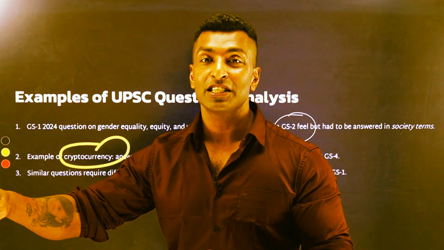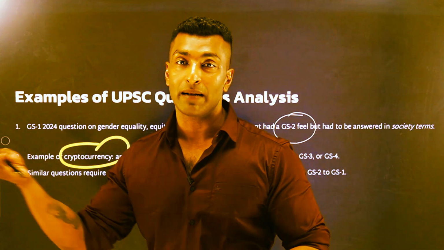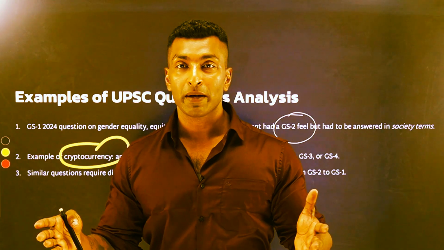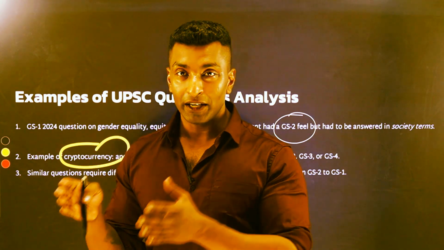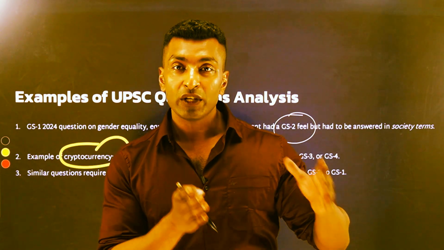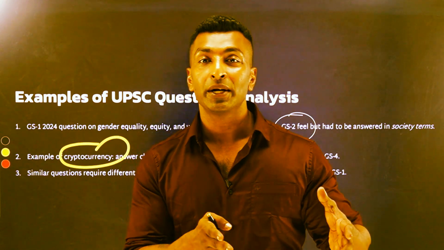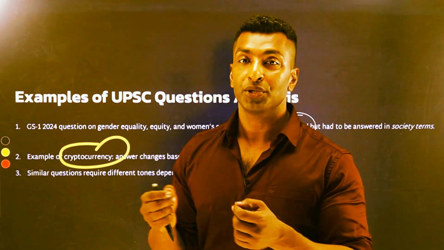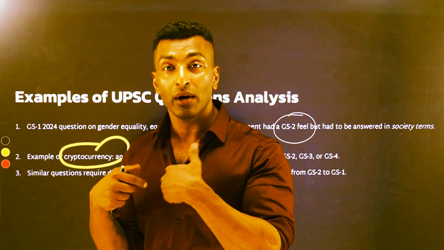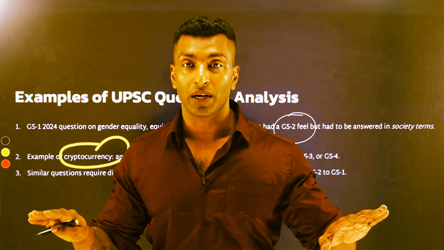And if it is asked in GS paper 4, then it should be written in the ethical dimension. And if it is asked in essay, all these perspectives can be brought in. So I hope you got my point regarding the particular topic and which paper it is asked in. Based on that, you need to align your answer rather than fixing a ready-made answer and reproducing the same. That is not going to work out.